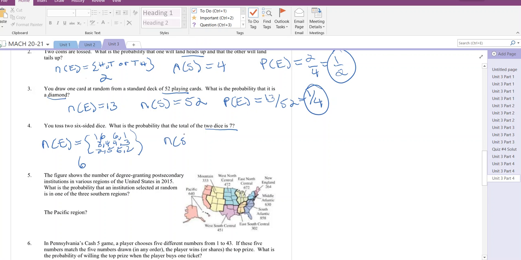For the sample space, if you have 6 outcomes on one die and 6 outcomes on the other, that's 36 total outcomes. So the probability of the event is 6/36, which is 1/6.